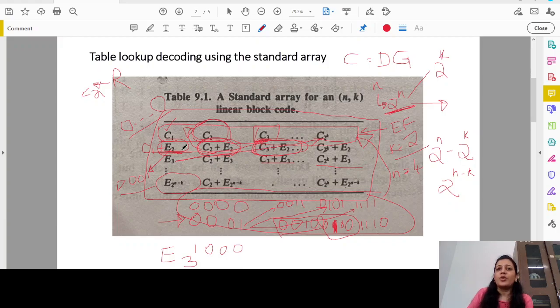Therefore, there is a possibility that you may receive any of the 2 power k codes, starting with C1 plus E2 up to C2 power k plus E2. Even though you receive any one of these codes, we will always assume that the error pattern is E2, and depending upon which code your R is matching, the corresponding code will be decoded. If it matches with this code, decode it as C3. If it matches with this one, decode it as C2. That is how we are going to decode a particular received vector.